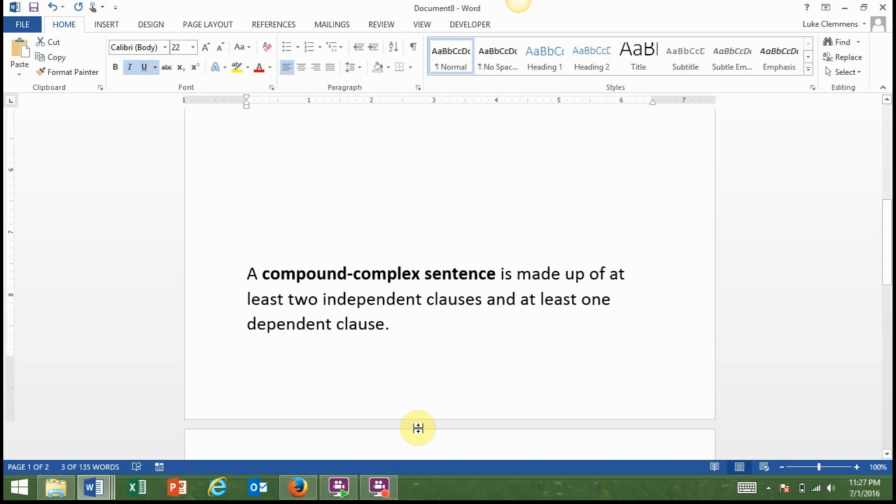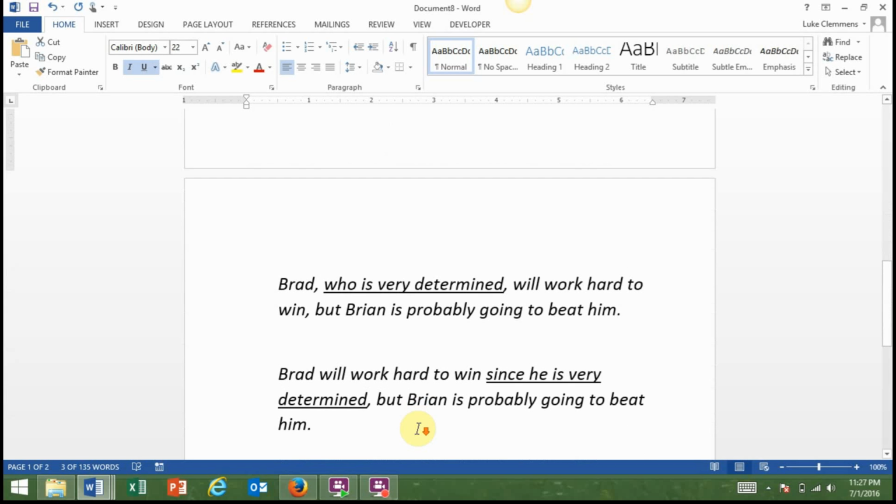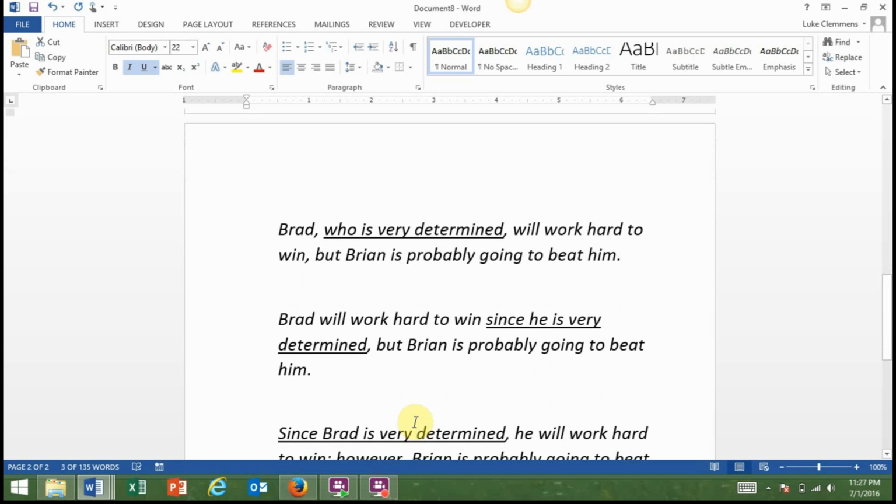A compound complex sentence is made up of at least two independent clauses and at least one dependent clause. So really, this is just anytime you have a complex sentence and you can add another independent clause to it, you now have a compound complex sentence. Okay, so Brad, who is very determined, subordinate clause right here.